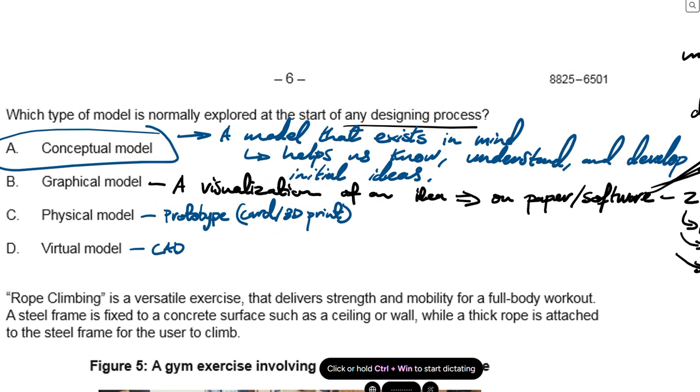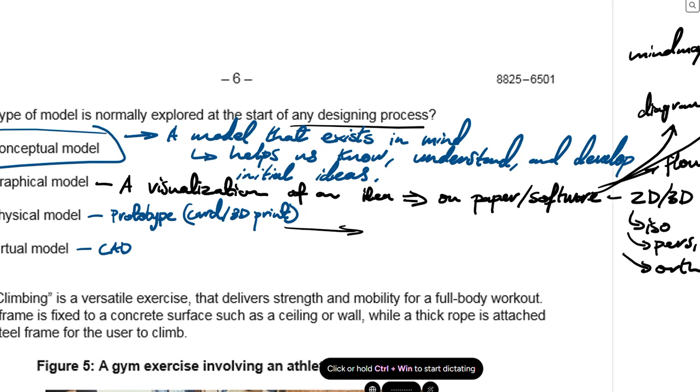Then we have our physical model that helps us test or visualize concretely in the real world with something that we can touch, tangible. It has to be tangible. And so that's exactly the kind of definition we want to give. The physical models can be scaled, right, up or down.